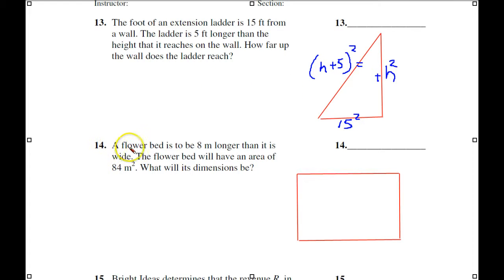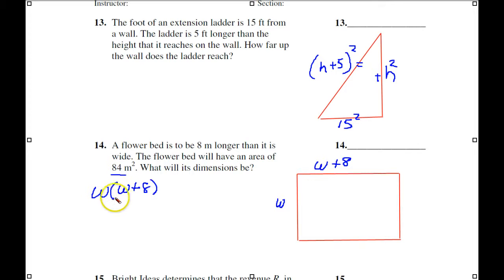Number 14. Here they're saying a flower bed is 8 meters longer than its width, or how wide it is. So that's its width. The length is W plus 8. And it will have an area of this. So we're going to multiply W times W plus 8.